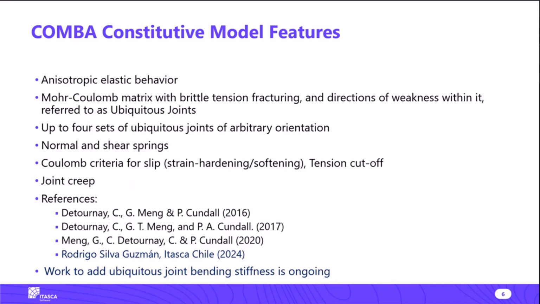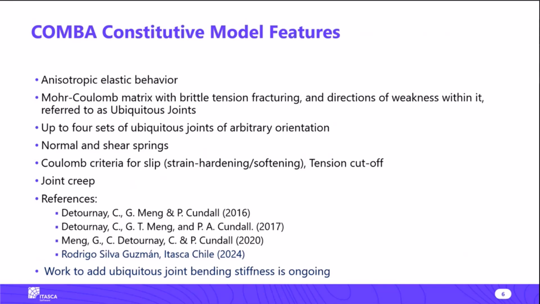There are up to 4 sets of ubiquitous joints of arbitrary orientation. The ubiquitous joints have normal and shear springs, and there is a Coulomb criterion for slip with strain hardening, softening, and tension cutoff. The ubiquitous joints also allow for handling creep in them.